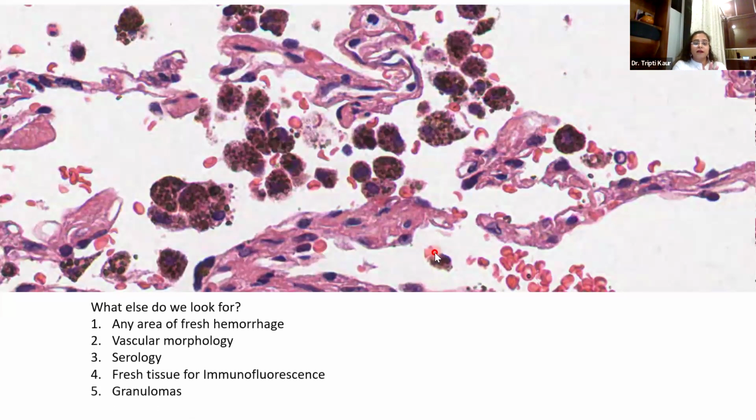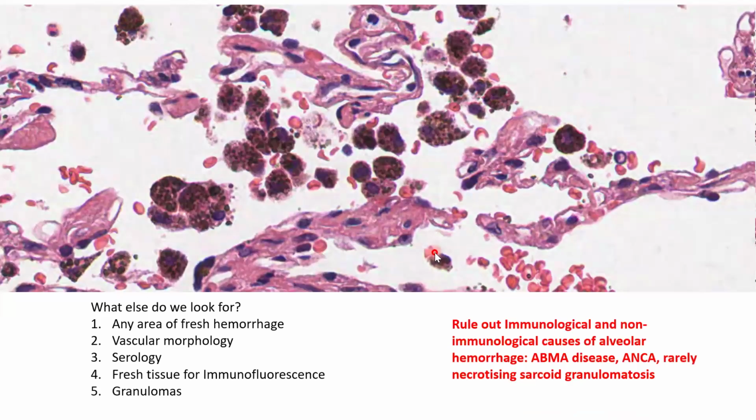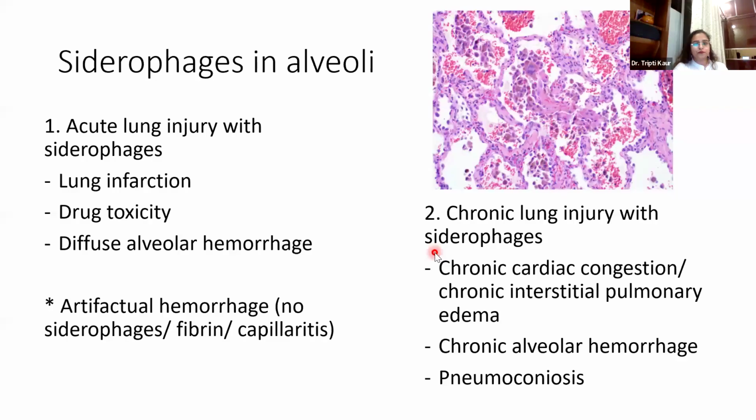You need to rule out immunological and non-immunological causes of alveolar hemorrhage, especially anti-basement membrane disease, ANCA, and rarely necrotizing sarcoid granulomatosis, because in this particular entity you can have features of vasculitis also.